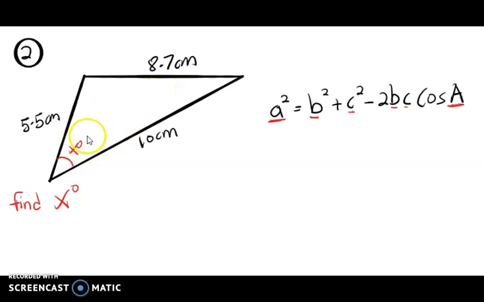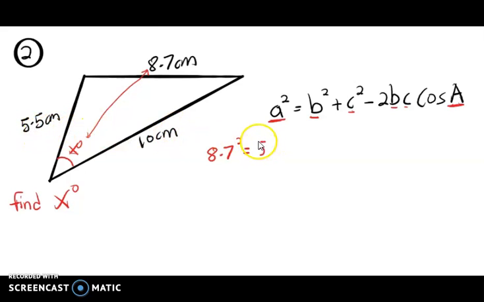Now you can see this is the pair. This is the angle and this is the length. So the rest will become b and c. First, a will be 8.7, we square it. Then b and c will be either 5.5 or 10.